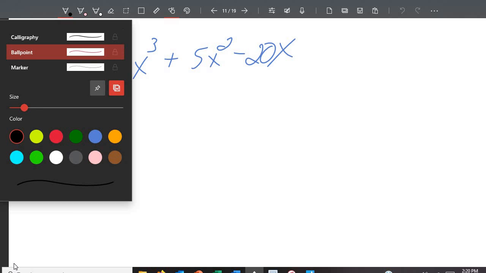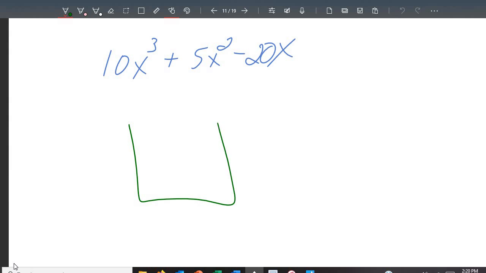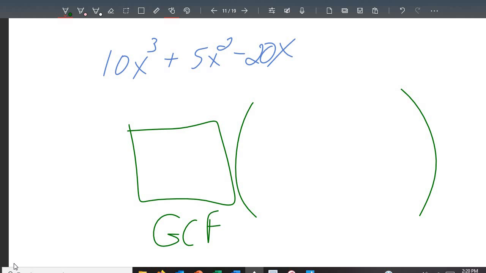Alright, let's look at this one. Here's my GCF. Here's what I get when I divide by the GCF. Alright, so let's look at the coefficients. 10, 5, 20. They're all divisible by just a 5.